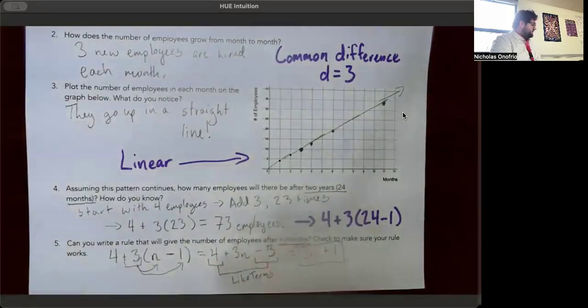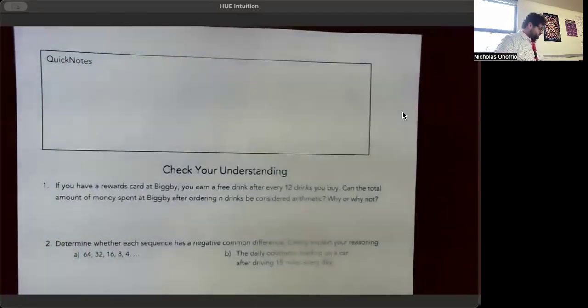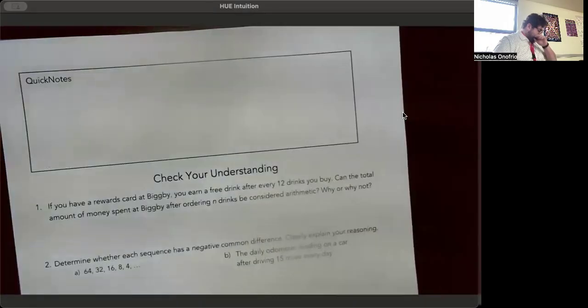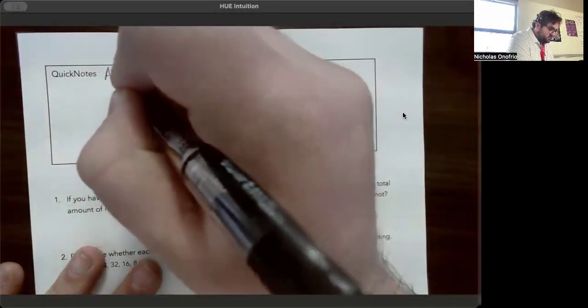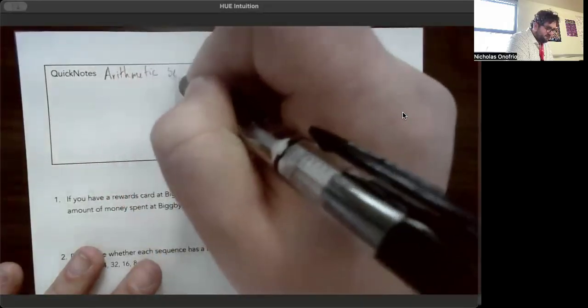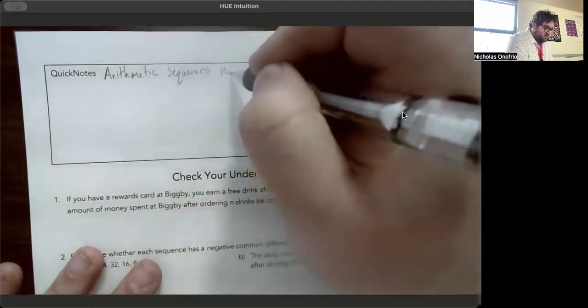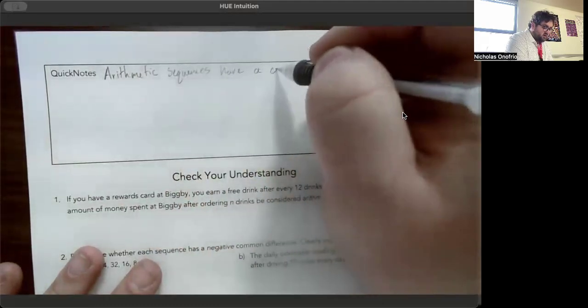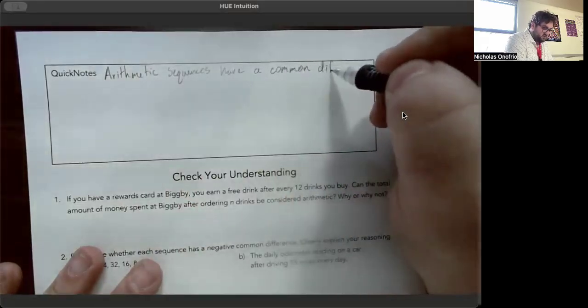Now, let's go ahead and look at our quick notes on the back of your page. Today, we learned that arithmetic sequences have a common difference.